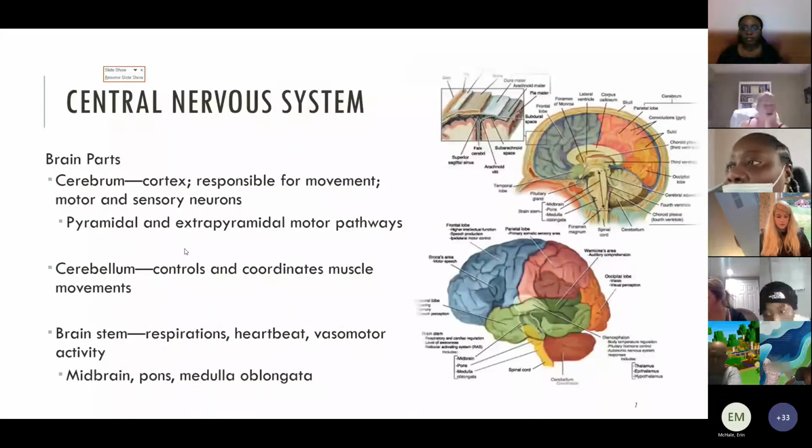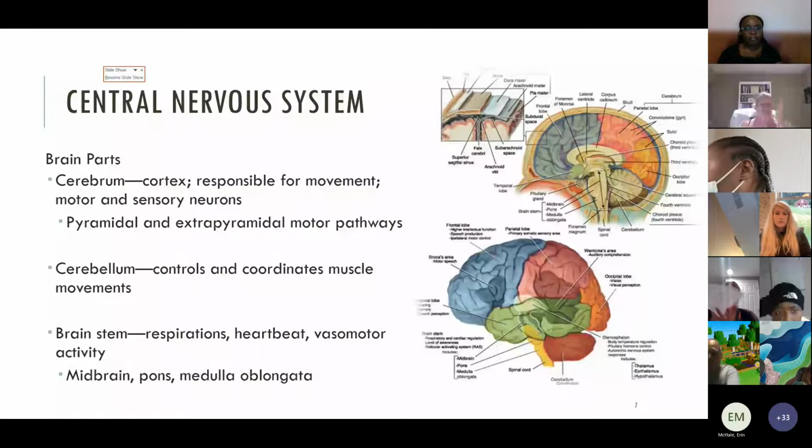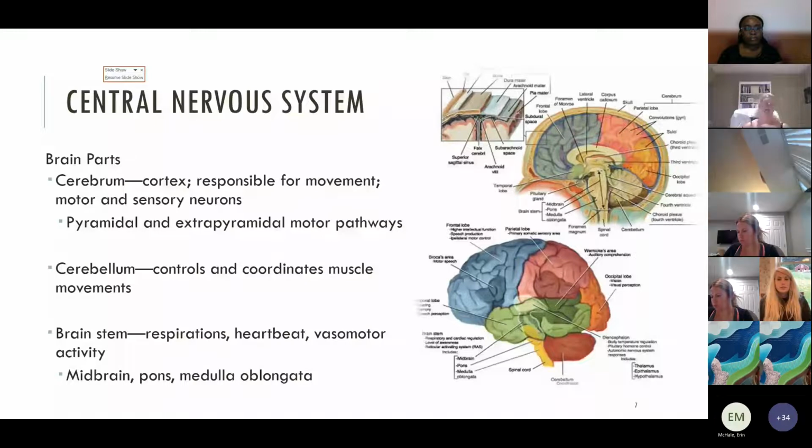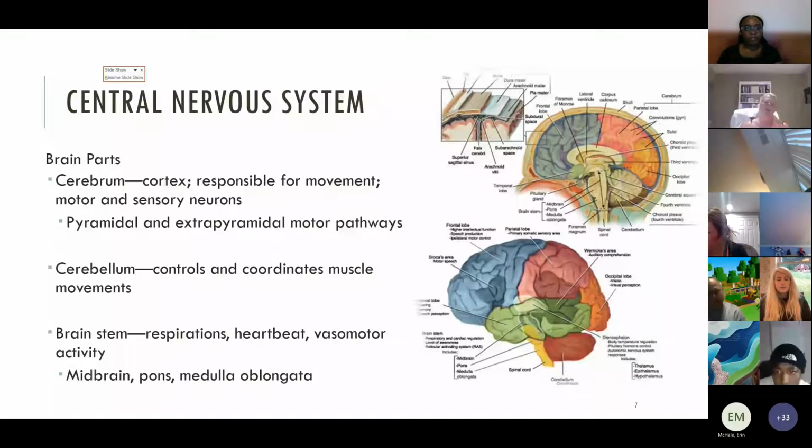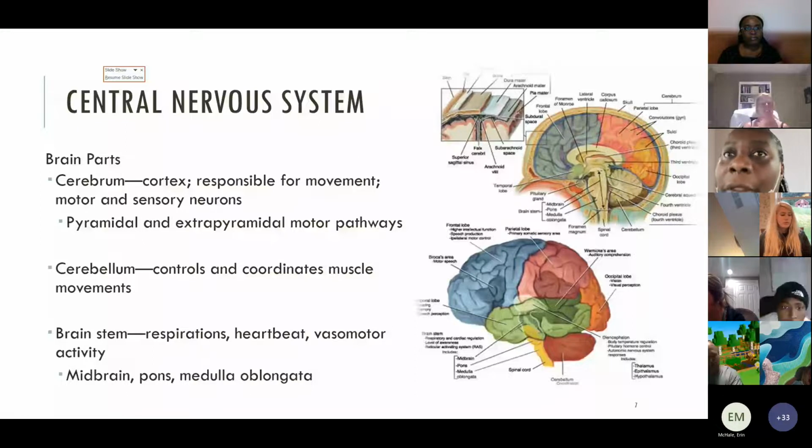So when we think about the parts of our brain, our central nervous system is going to be composed of our brain and our spinal cord. The brain is going to be divided into three different parts. So we have our cerebrum, we have our cerebellum, and then we have our brain stem. The cerebrum has the cerebral cortex, which is located on the surface of the cerebrum.